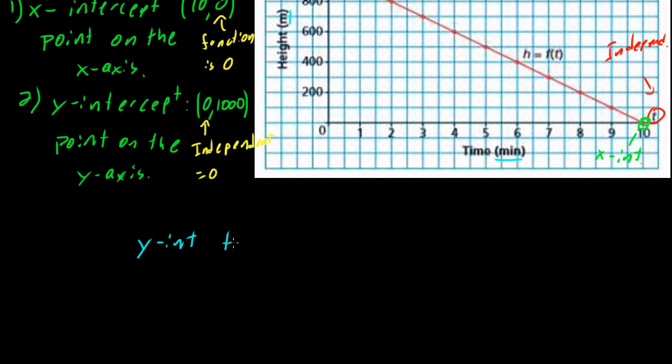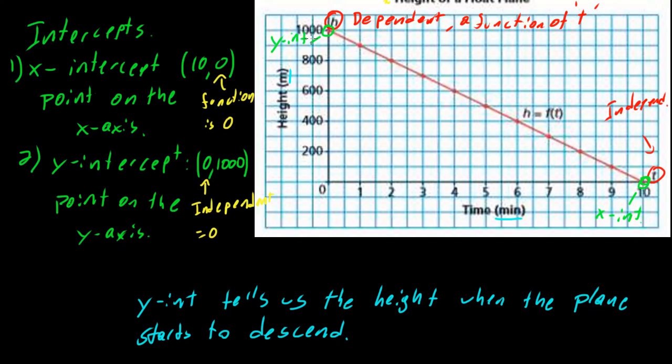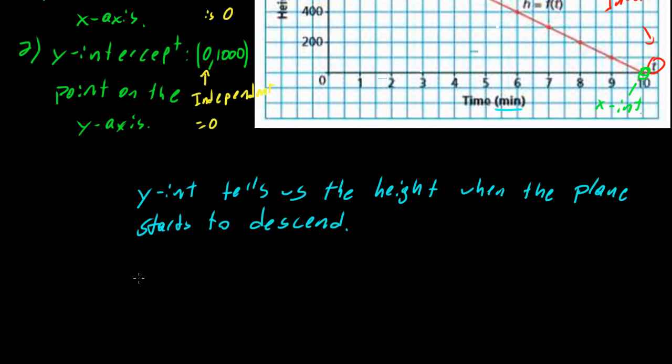Y-int tells us the altitude, or I'm just going to say the height, when the plane starts to descend. And we know it's starting to descend because we have a negative rate of change. The height is going down as time goes on.